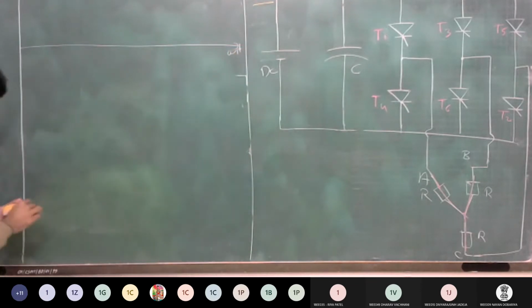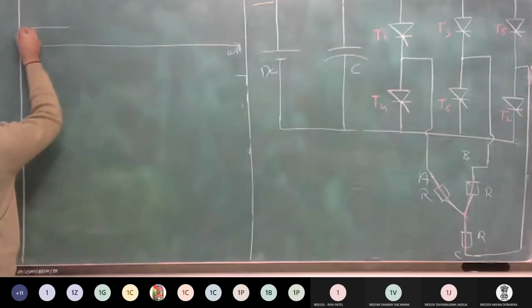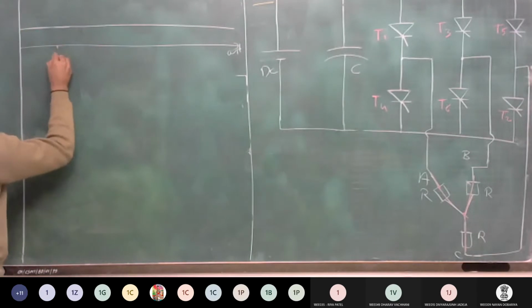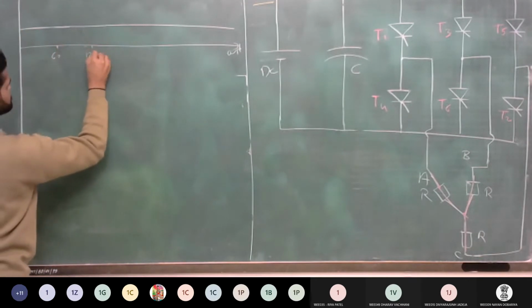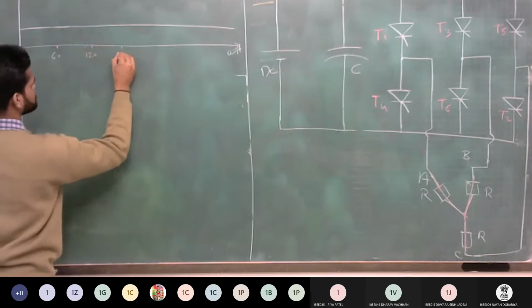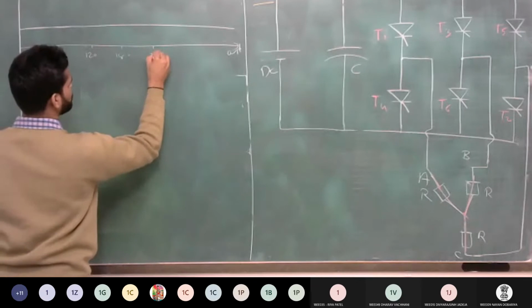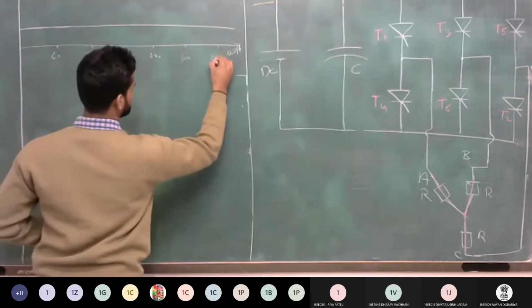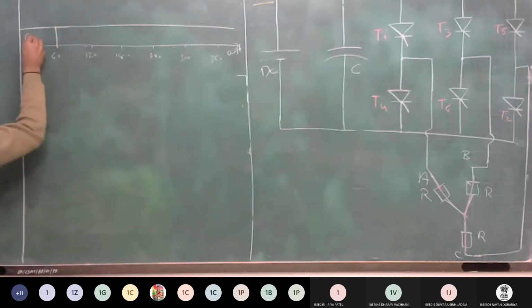Omega T: 60 degrees, 120 degrees, 180, 240, 300, and this is 360 degrees. As you know that in the first interval, 6, 5, and 1 are on.